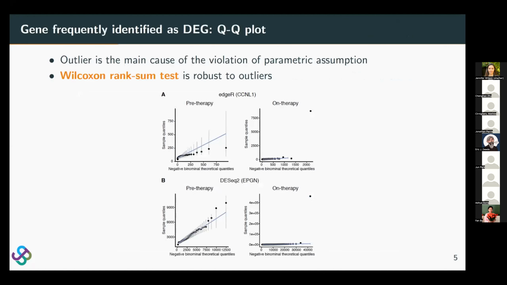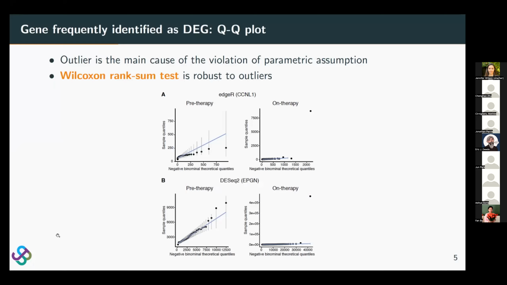We further looked into the reason why the negative binomial distribution was violated for those genes, and we find that outliers are likely a main cause of this violation. Here are two QQ plots for the two genes which are identified as DE genes in most permuted datasets by DESeq2 and edgeR.